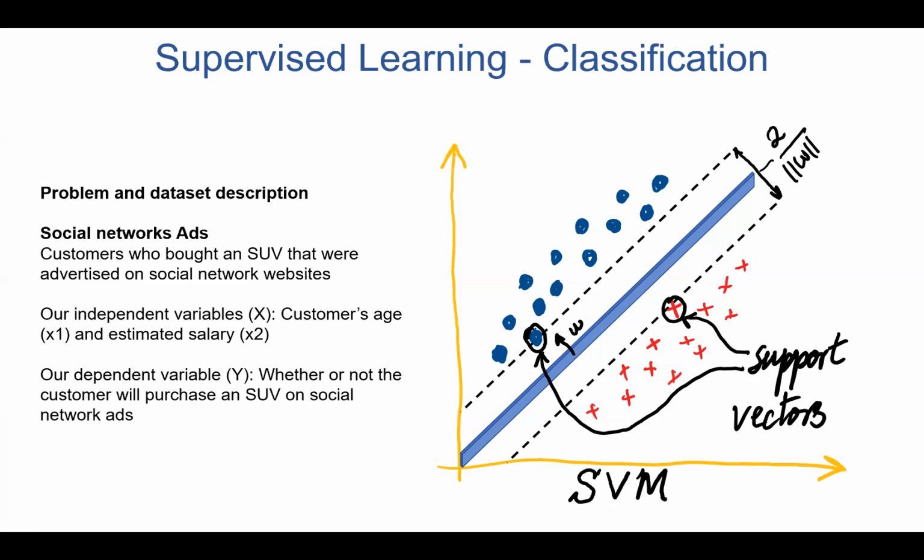So our purchased can be either yes or no, or 1 or 0. We can call it a binary classification problem. 0 means a customer of a specific age with a specific annual salary did not purchase this SUV, and some customers with a given age and annual salary have purchased. So it's a binary classification problem.